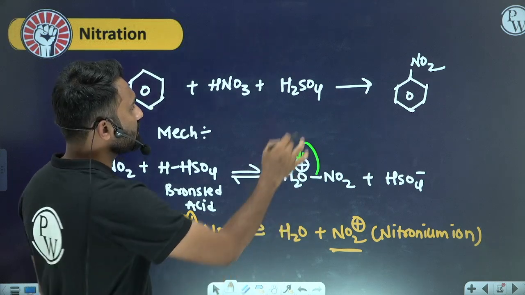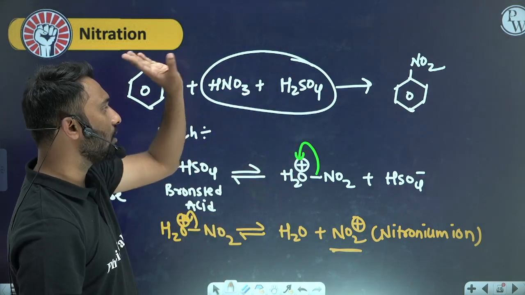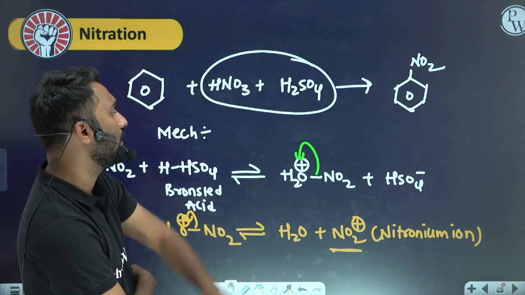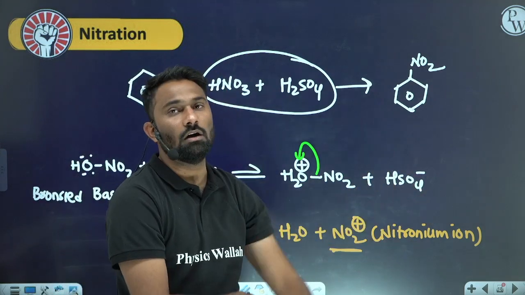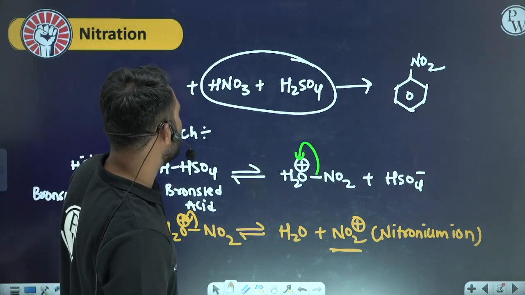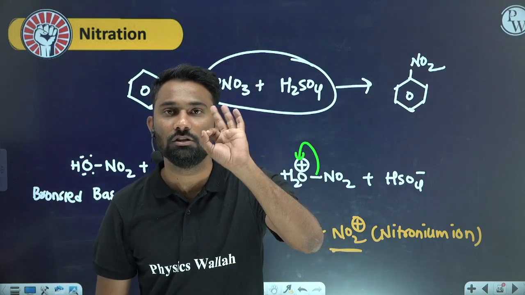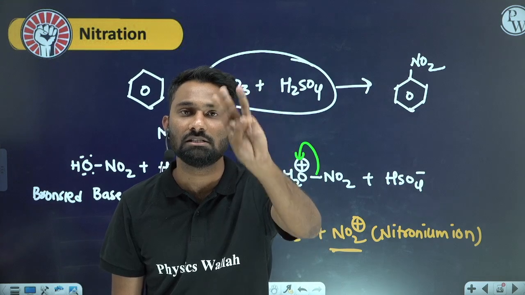If you see this reagent, nitric acid and concentrated H2SO4, if they have given these, then we get the nitronium ion as the electrophile. Now this is benzene. In an electrophilic substitution reaction, we first follow three steps: first the generation of the electrophile, next the sigma complex, next the elimination of the hydrogen.